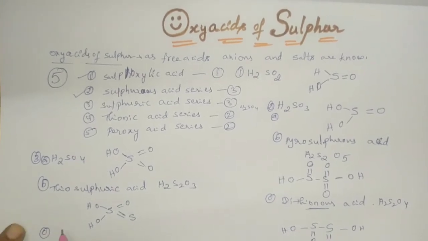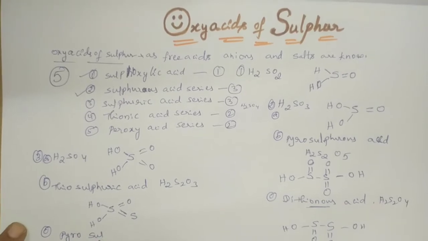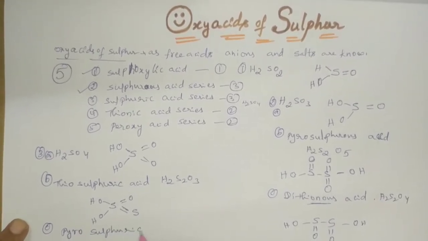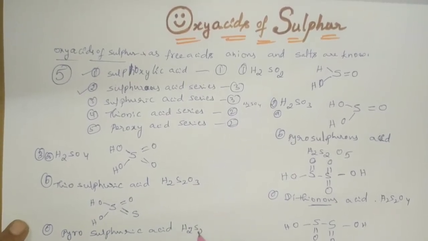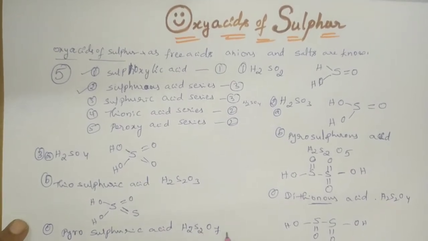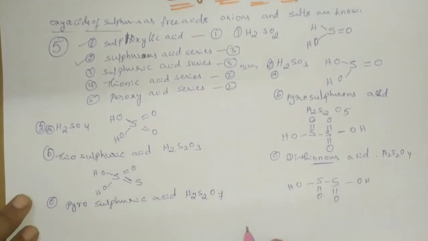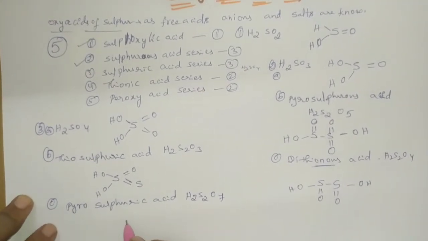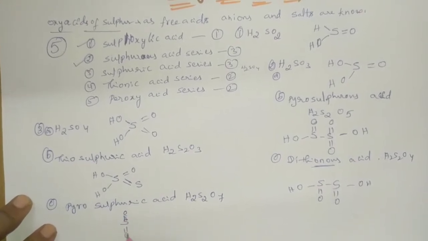Next one, pyrosulfuric acid. Its formula is H2S2O7. Remember H2S2O7. Here the structure is pyro, sulfur, same.